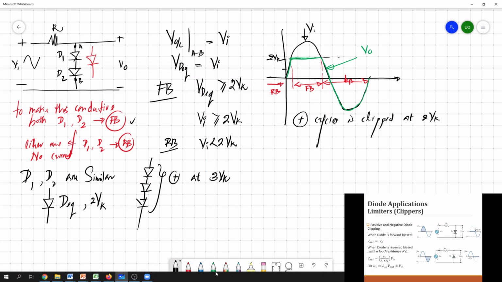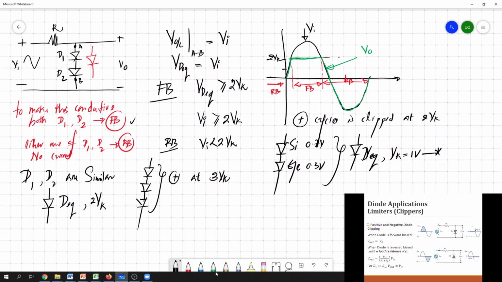So if you add a silicon diode and a germanium diode, this is a silicon and this is a germanium. This adds 0.7 volt, this adds 0.3 volt. So all together we can replace these two diodes with an equivalent diode with a voltage of 1 volt, this plus this.